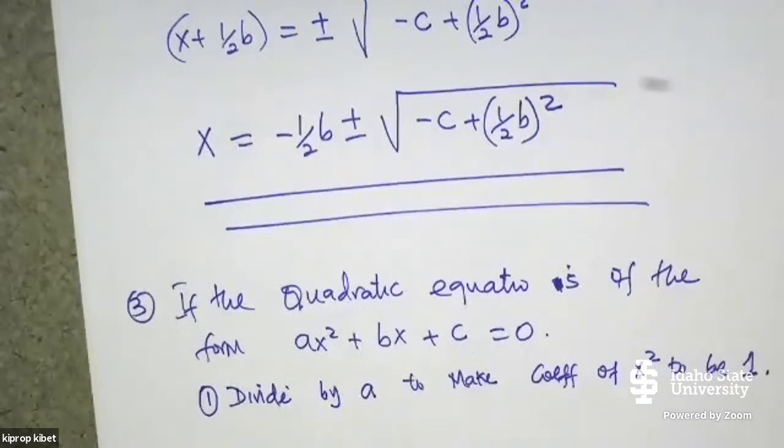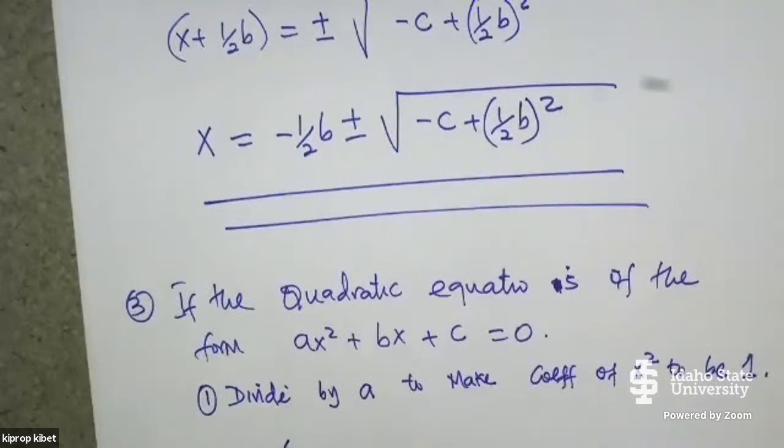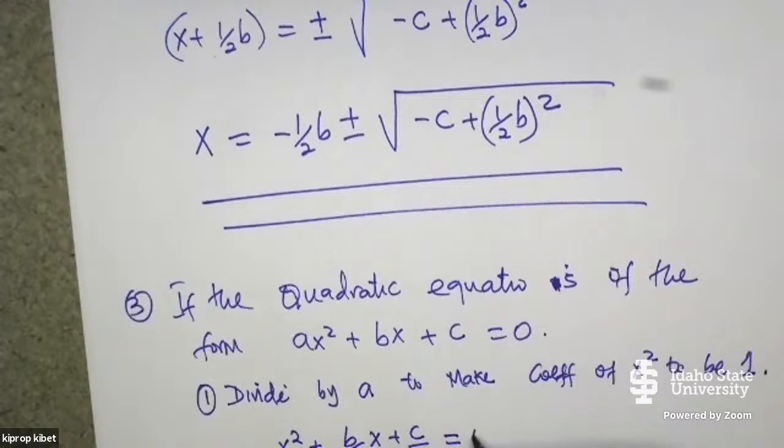So you make sure that the coefficient of x squared is 1. So you divide each one of them by a. So here it will now be x squared plus b all over a x plus c all over a equals to what? 0 all over a is what?